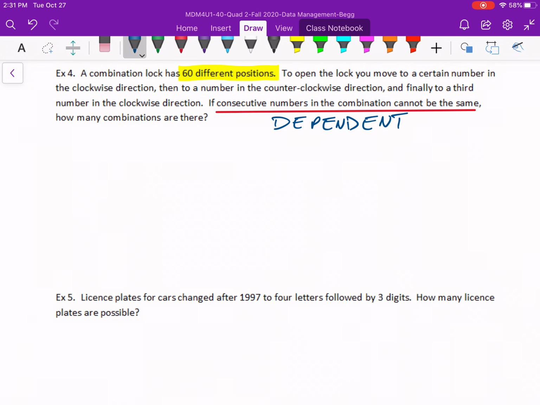But again, also if I was to just lay it out like this and think of 3 numbers that have to be filled in, the first number can be anything. Since nothing's gone before, there's nothing being ruled out. But whatever that first number is can't be repeated in the second number. So now I've only got 59 choices. And then whatever the second number was can't be repeated in the third one, but the first one could be. So maybe this was a 7, and maybe this is a 28.